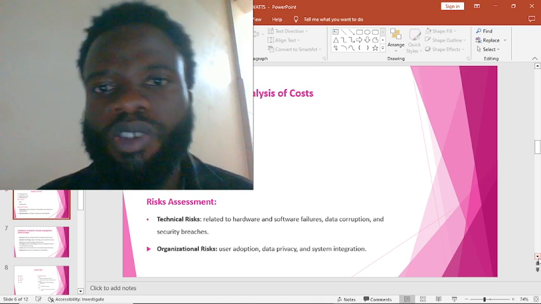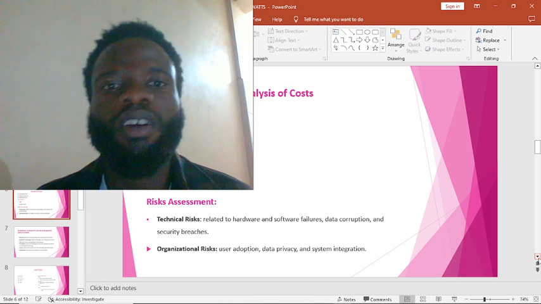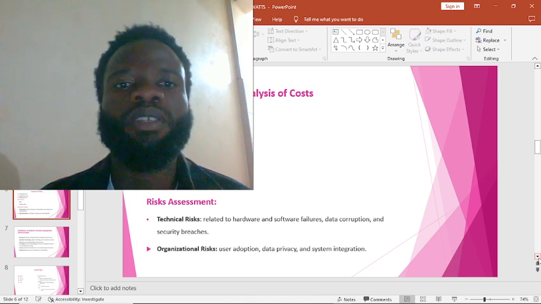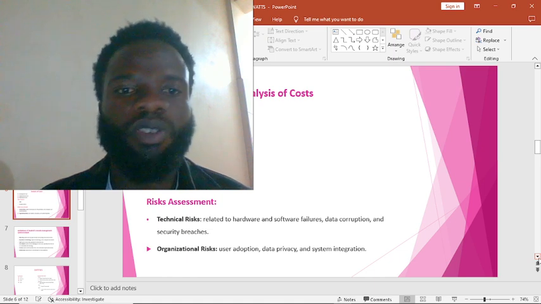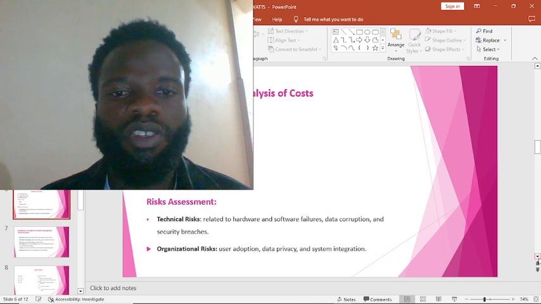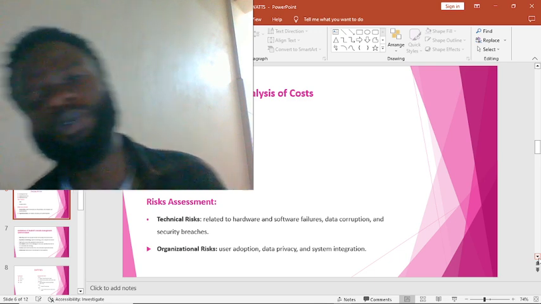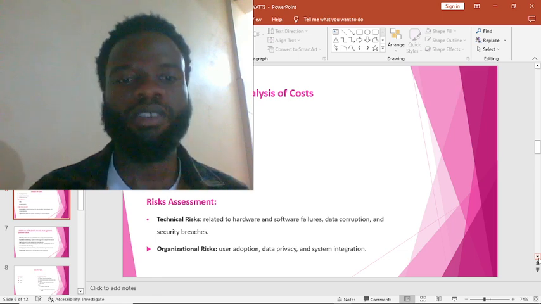Analysis of costs of the system are development cost, implementation cost, maintenance cost. Users' issues are adaptation skills. Risk assessments: technical risks will be related to hardware and software failures, among others.